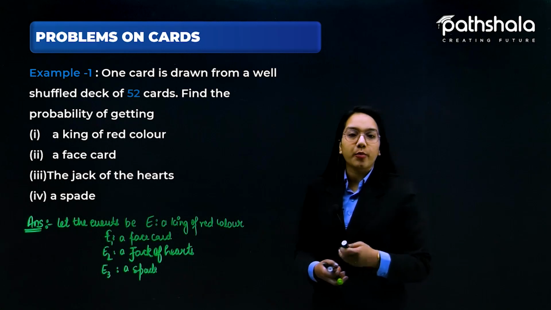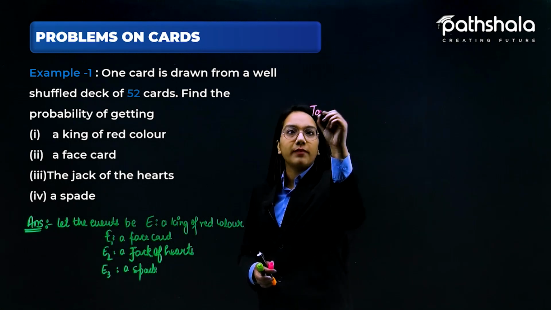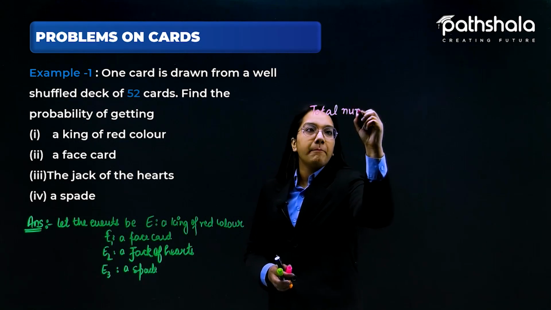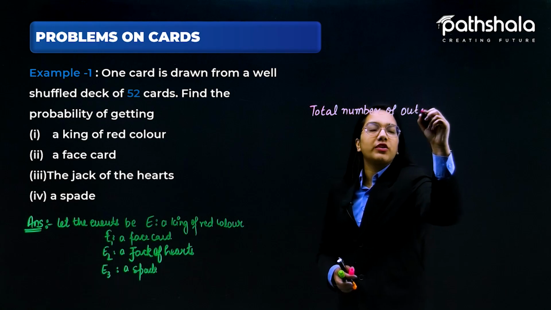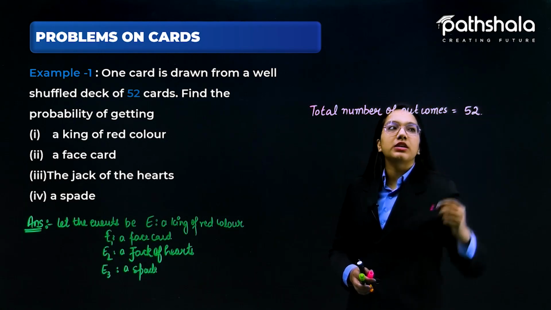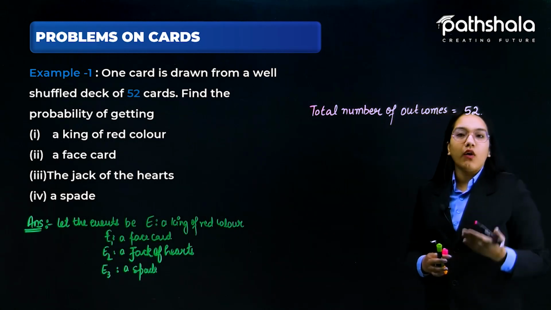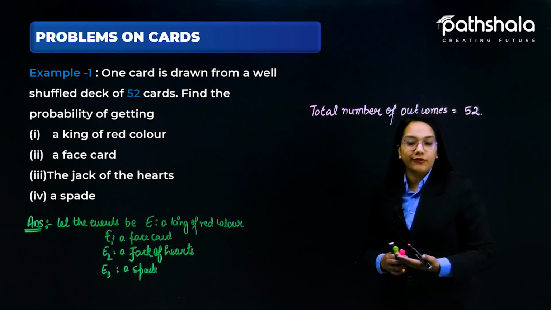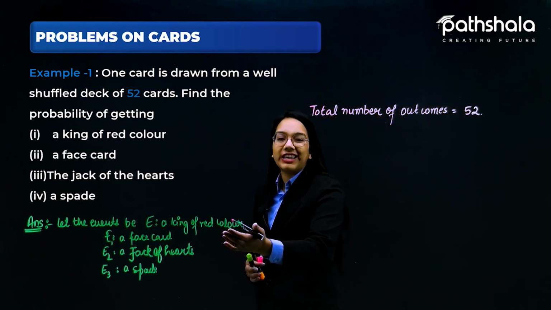So let's just find out the probabilities for each. First of all, we know that the total number of outcomes related with the deck of 52 cards is equal to 52, because the total number of possible outcomes in a deck of cards is definitely 52. Now let us find the probability of E first.